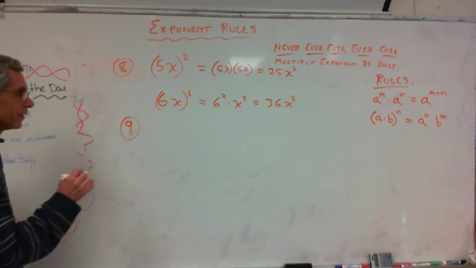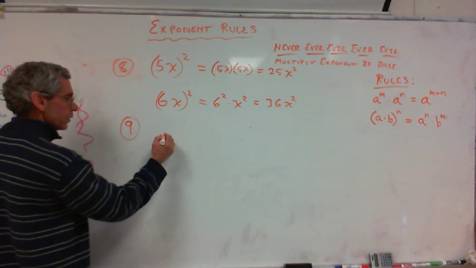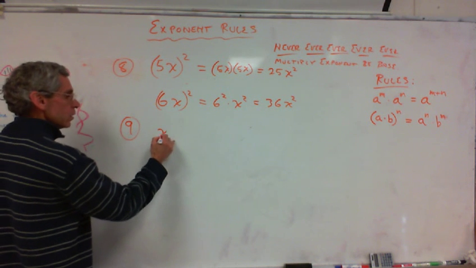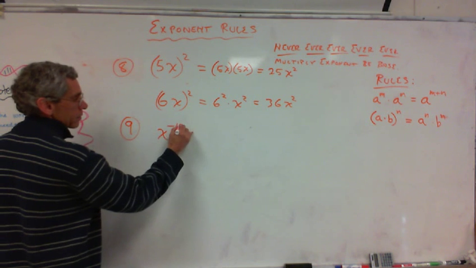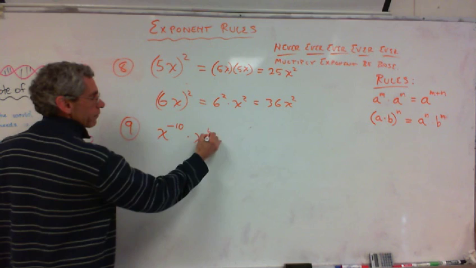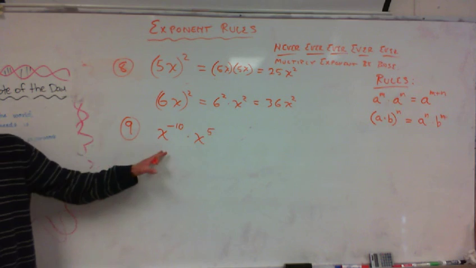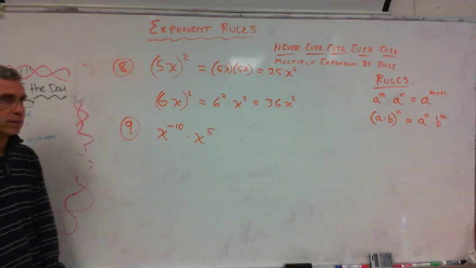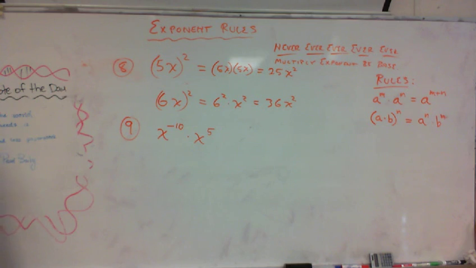9. What if you had this? We did a couple of these before, but what if you had this? X to the negative 10 times x to the 5. This is just a straightforward one like I taught right in the beginning. X to the negative 5th power.